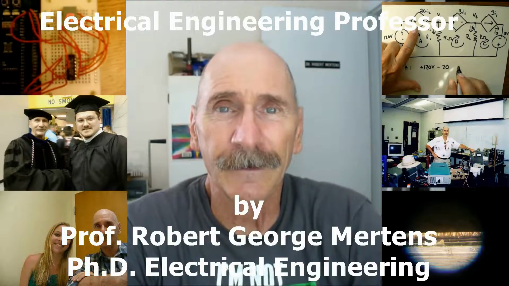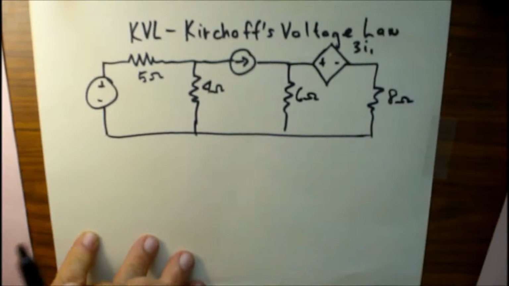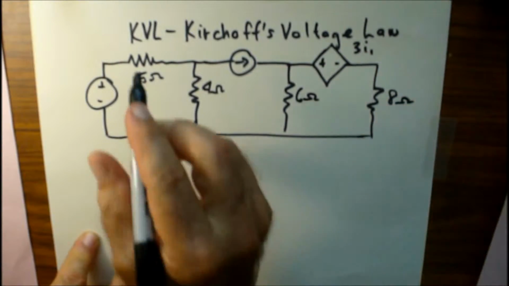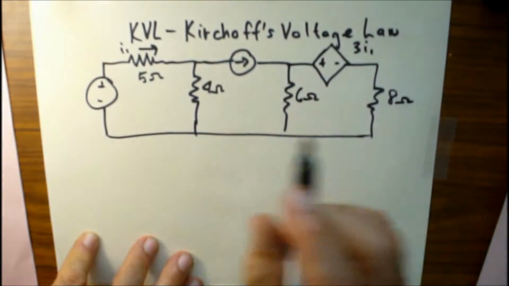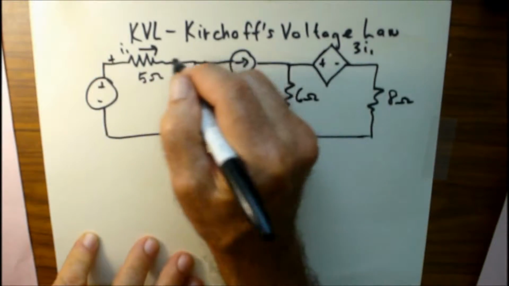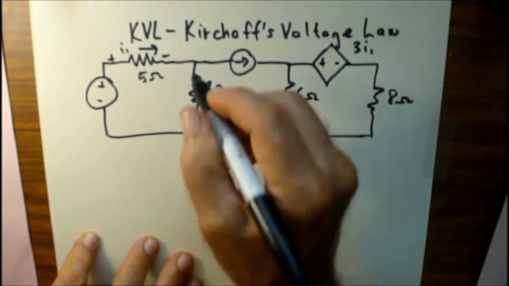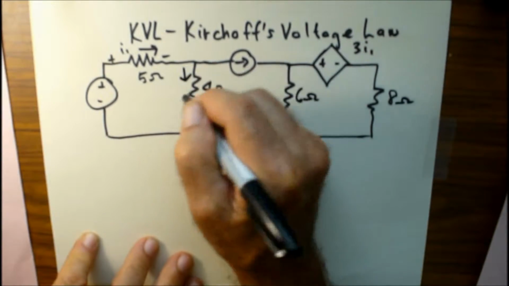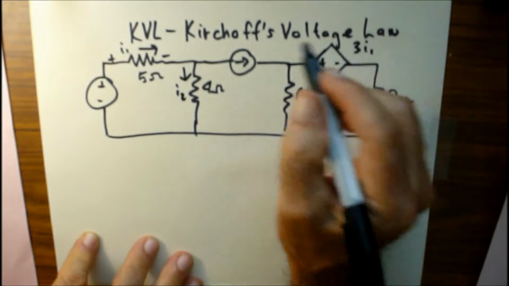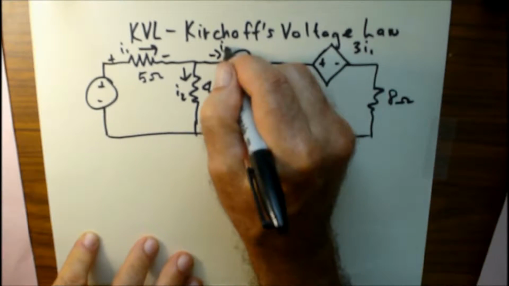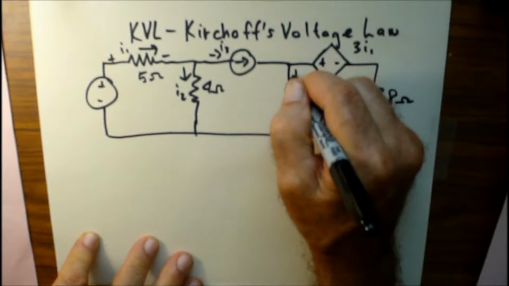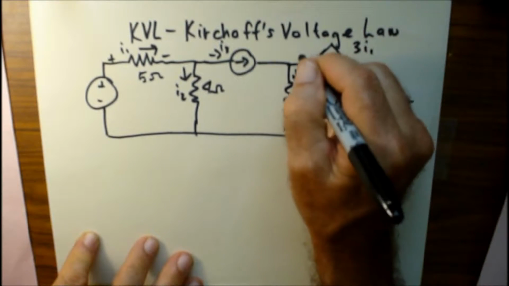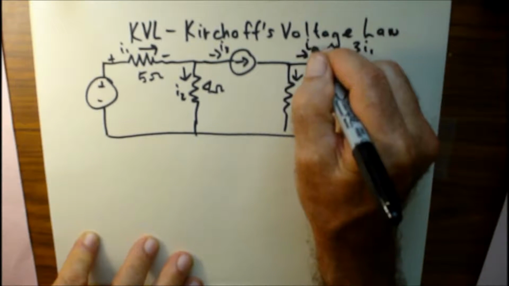Electrical engineering, current flow. Remember, the current goes from positive to negative. So we're going to establish this is going to be I1 going in this direction. So that's going to be a positive here and a negative here. We'll call this I2, I3, and this is I4, I5.